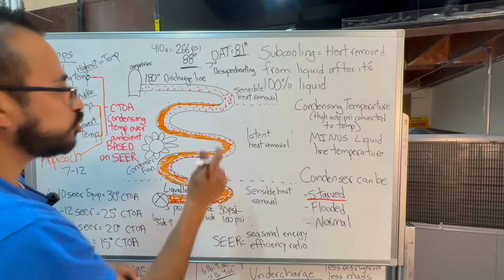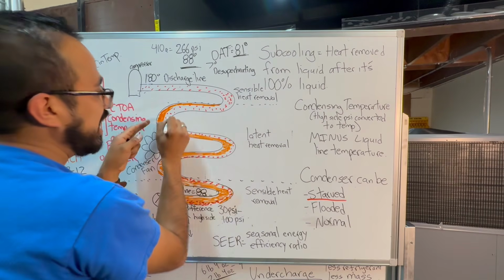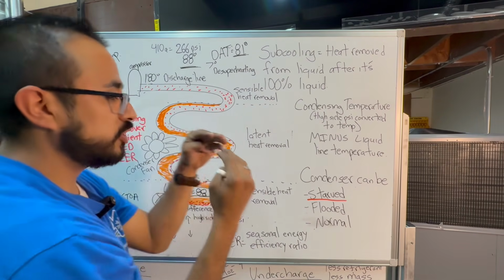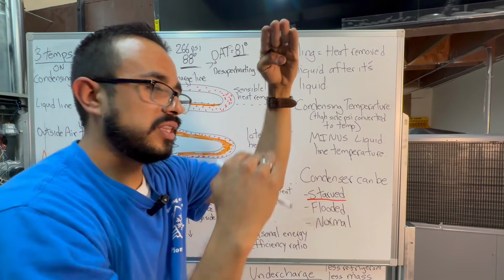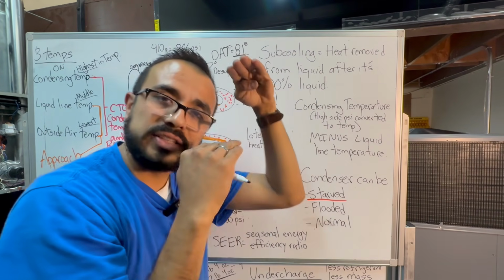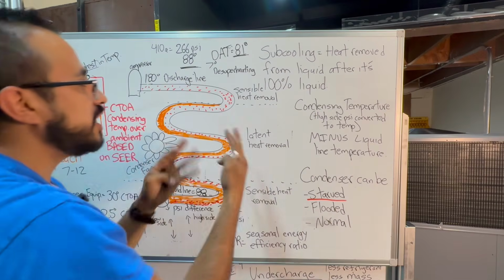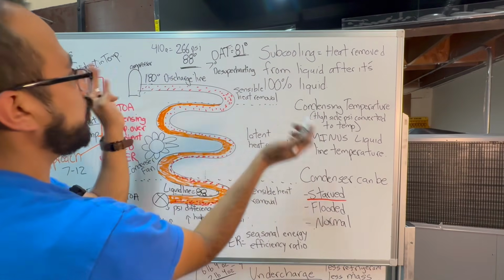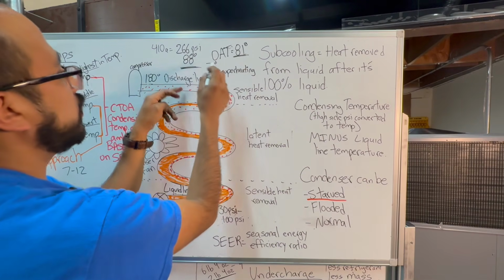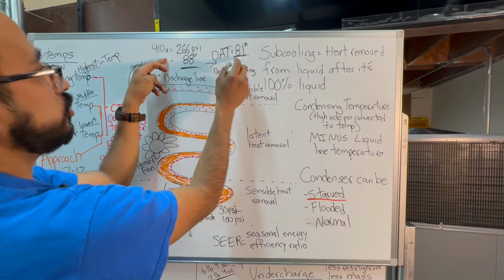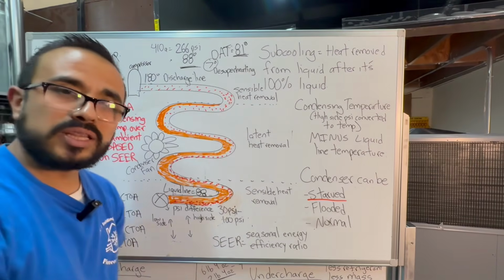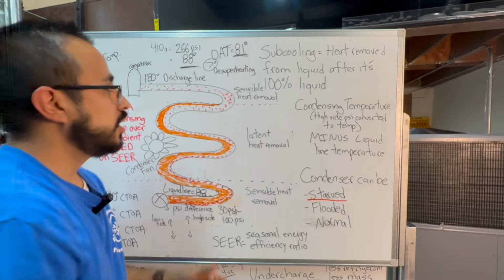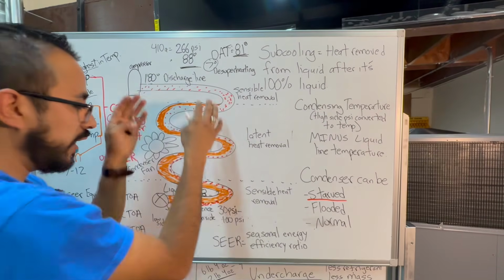A lot of it is going to my latent heat, but there's just not enough temperature difference that it never goes to 100% liquid. All that heat removal, just because, going back to this, we only have 7 degrees from high side condensing temperature to your outside air temperature. It's not enough heat difference. It's not enough. And most of that heat removal goes to latent heat.